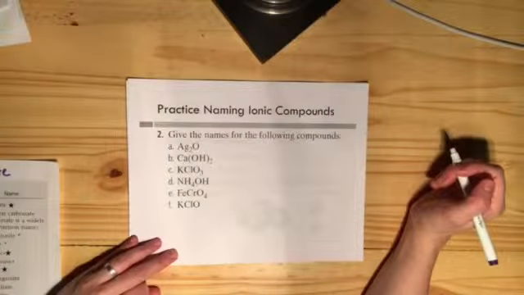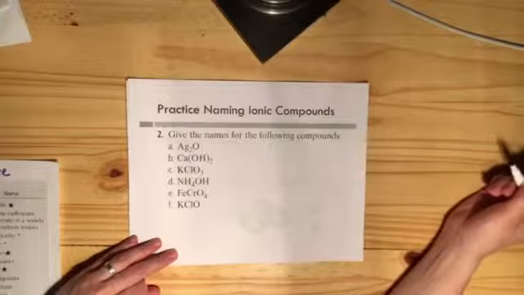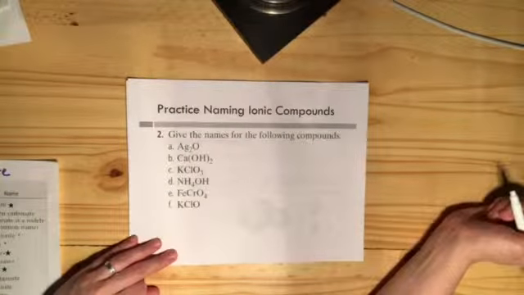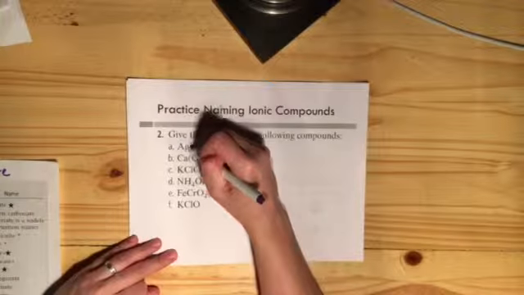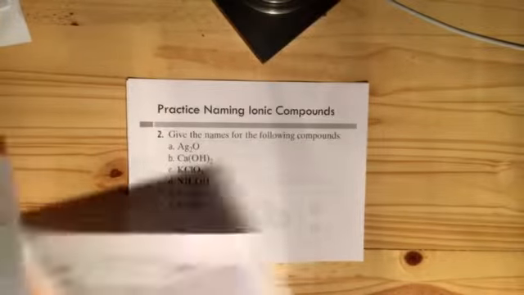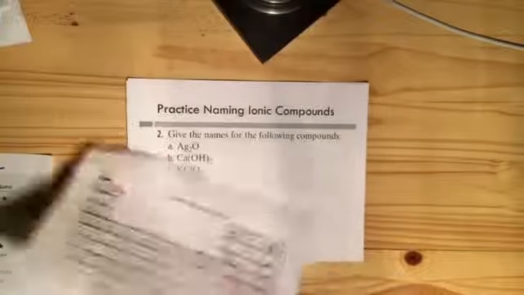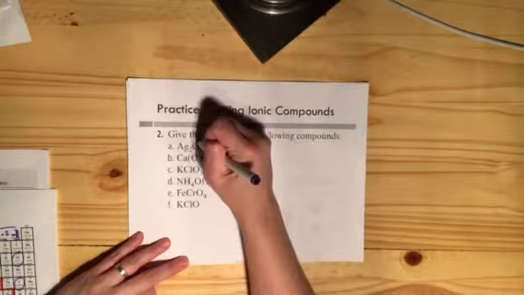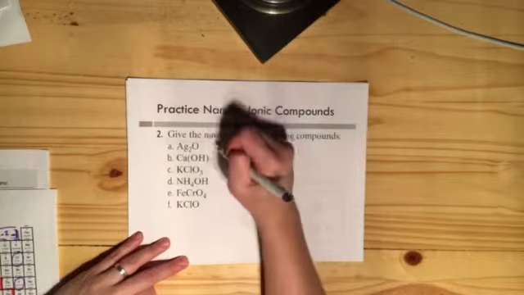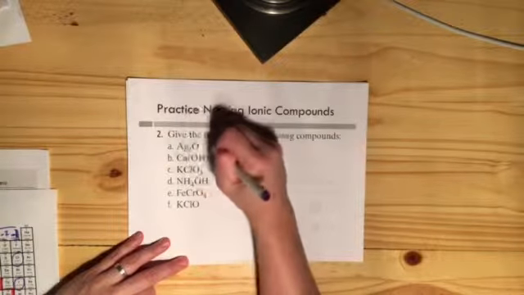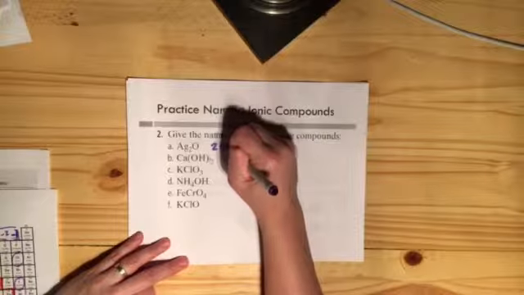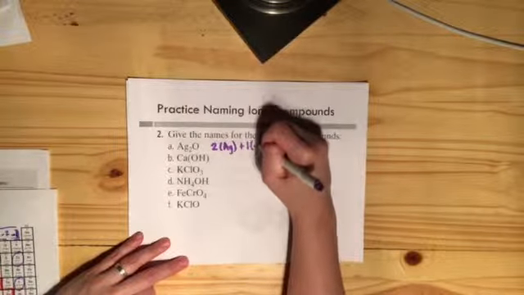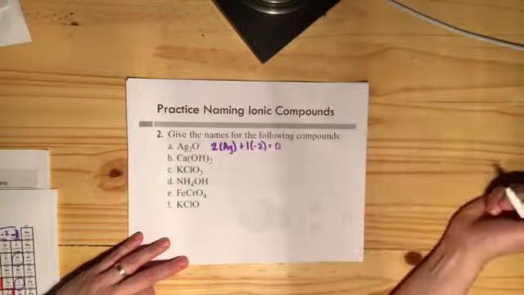And so we've got silver oxide here, but we don't know what the charge is on silver because that is a transition metal. So you want to figure out what the charge is. So that 2 is there because of the oxygen. And so we've got 2 silvers. And we've got 1 oxygen, which we know is a -2, and that has to equal 0.